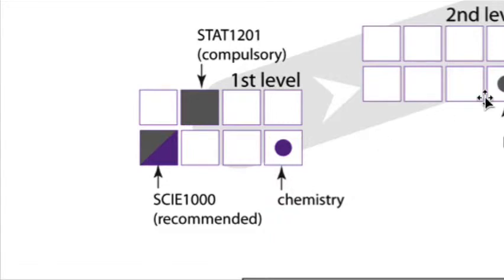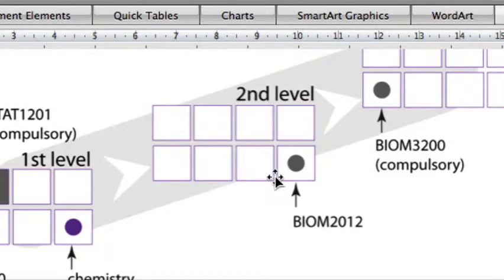Now, at second level, there's a significant unit, system physiology, which is this unit code, where QS components are embedded, and it's taught by the Maths department. Again, we're not going into a great deal of detail.